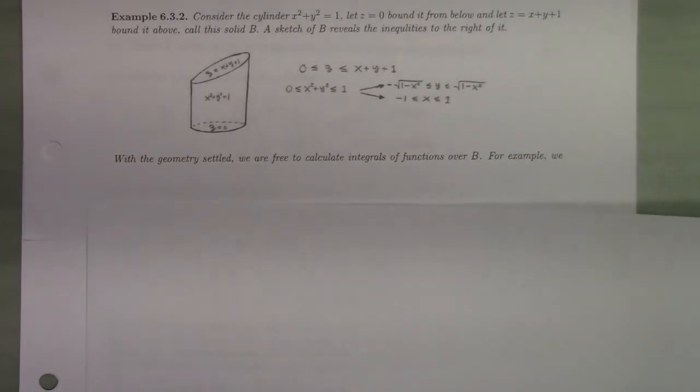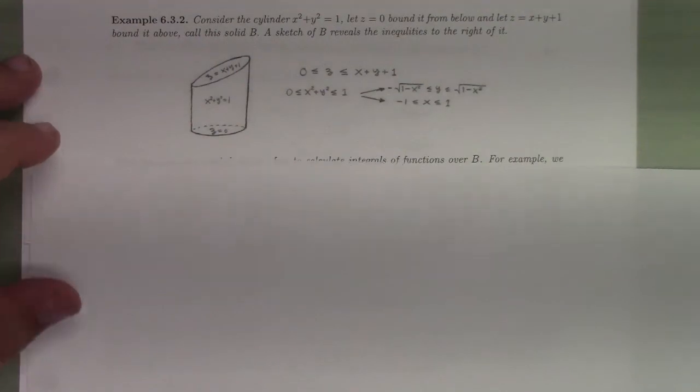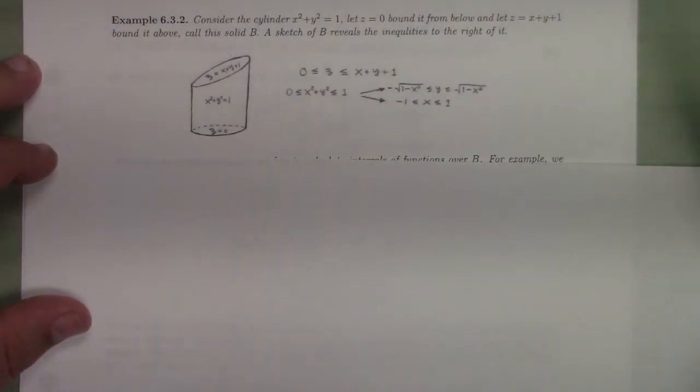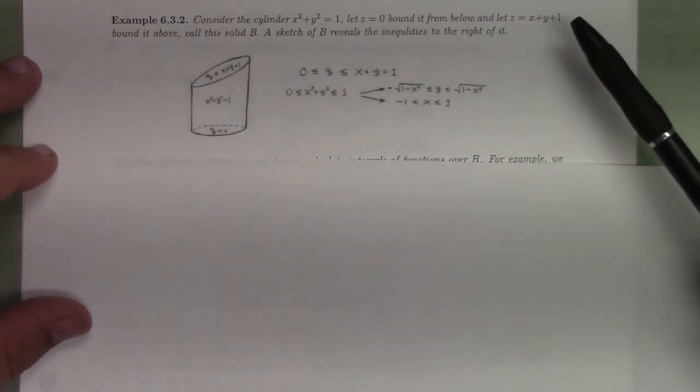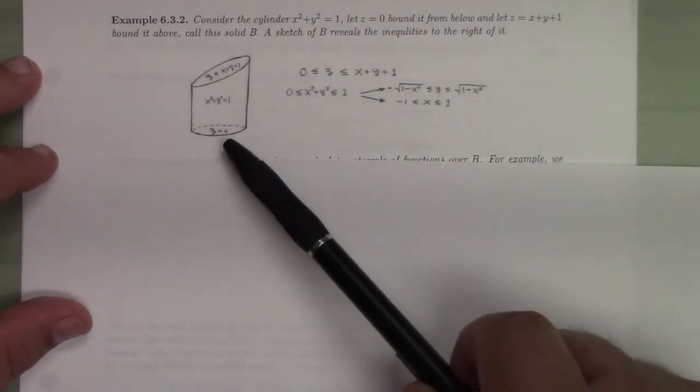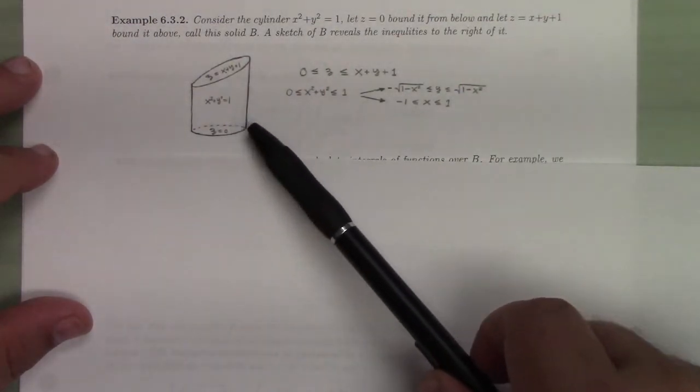Another example, we can consider the cylinder x squared plus y squared equal to 1, and z equal to 0 bound the shape below, and the plane z equals x plus y plus 1 bounded above, and we can call that solid B. So here's a picture of it.